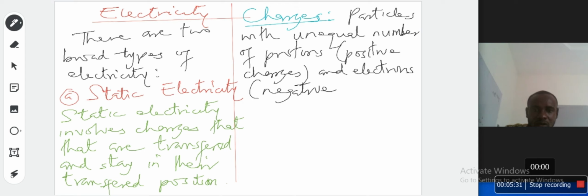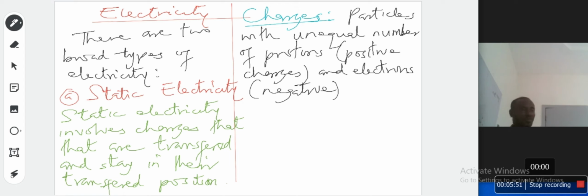Once they are not equal, it is charged. In physics, a particle can be anything: matter, an object, water, anything that has mass. It could be as tiny as an electron or as big as a universe.